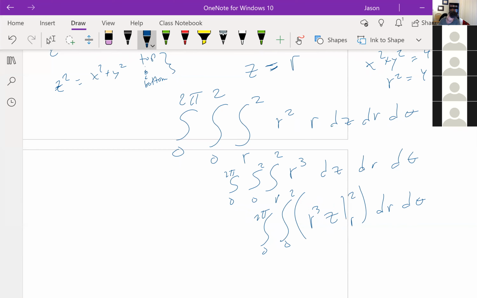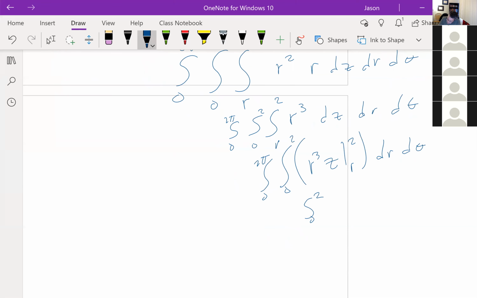Plug in 2. This is 2R cubed minus R to the 4th. Evaluate from 0 to 2 of 2R cubed minus R to the 4th, dr d theta, with theta from 0 to 2 pi.